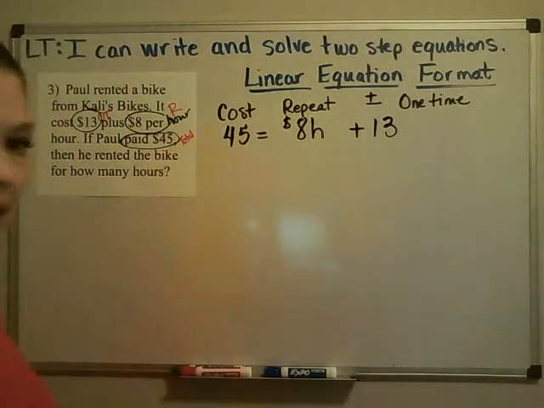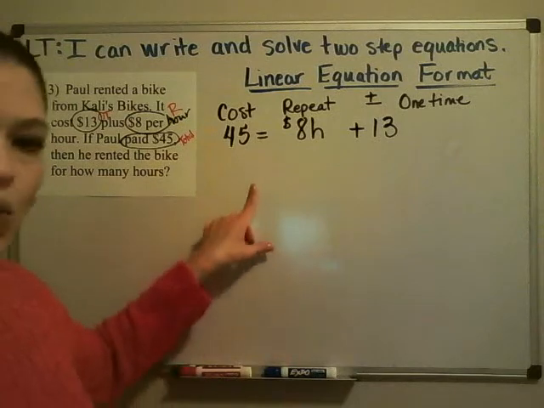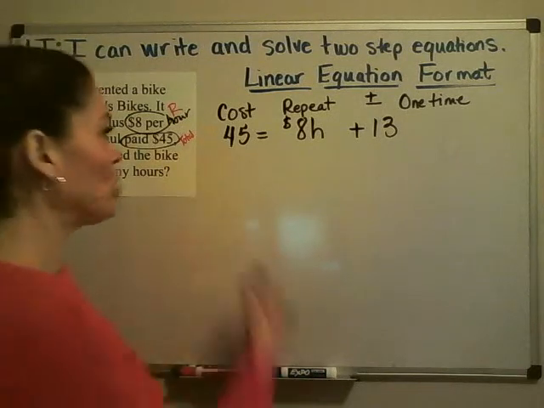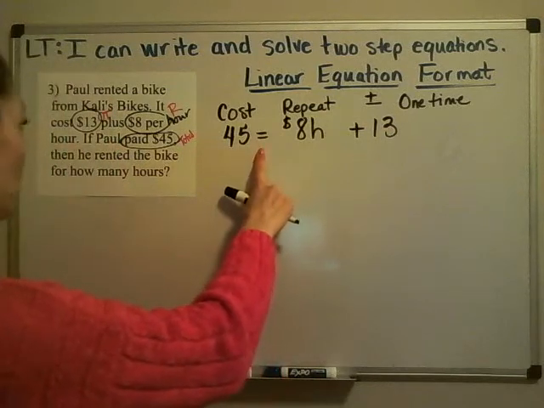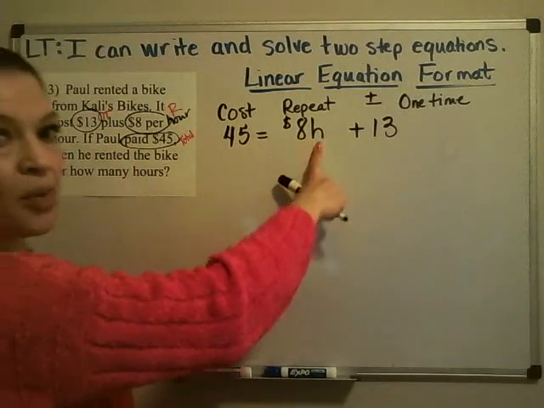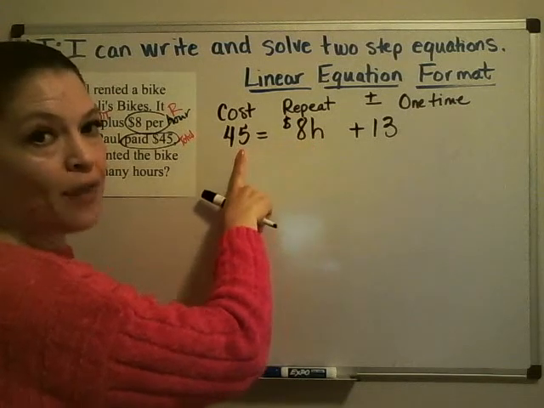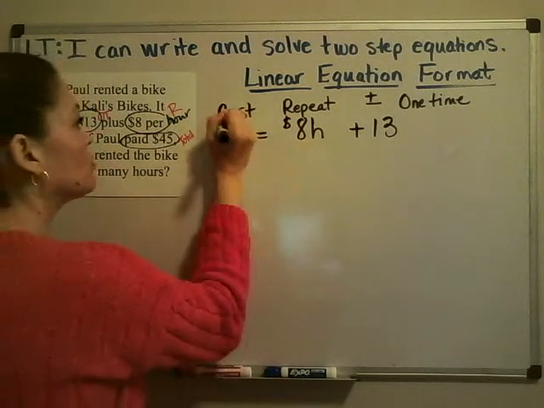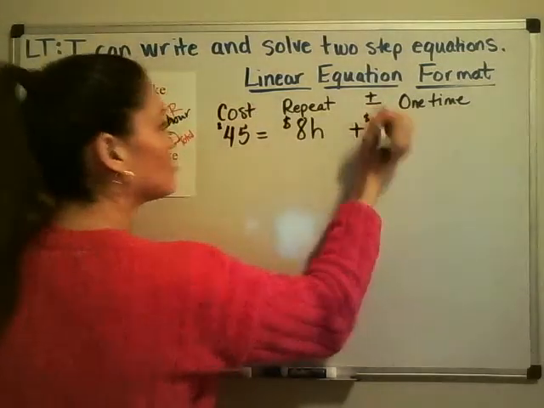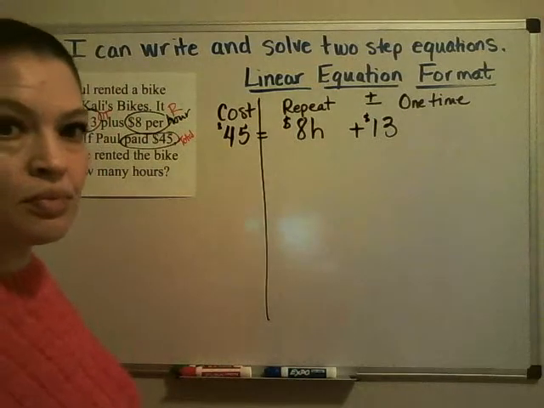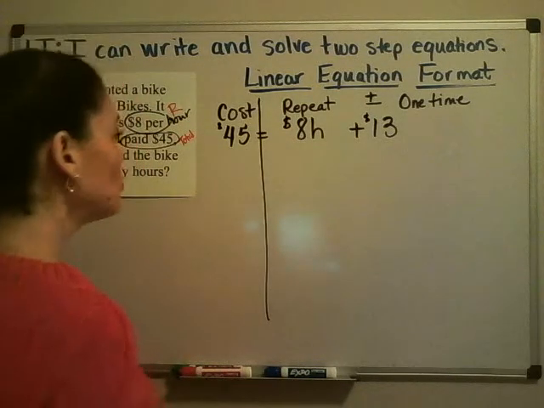Do you notice something about this? This is like one of the equations that I taught you yesterday. So at this point, what we're trying to do is find out how many hours he rented the bike if he paid a total of $45. So I'm going to go ahead and put my equation line and start working.